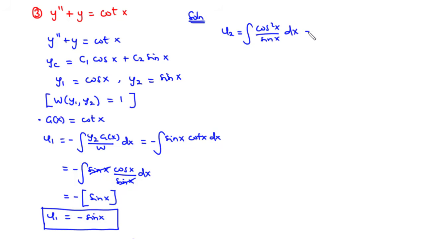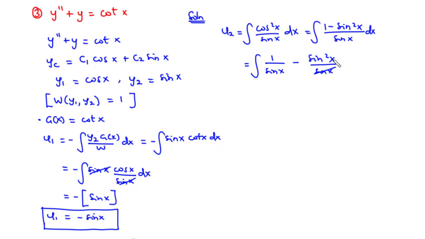Now we know that cos square x is equal to 1 minus sine square x. So we have 1 minus sine square x over sine x dx. So we can express this as 1 over sine x minus sine square x over sine x.